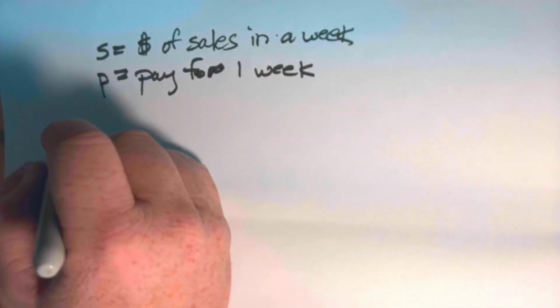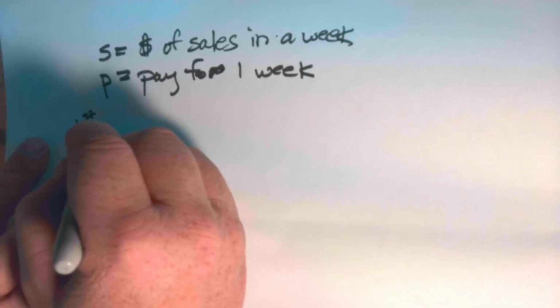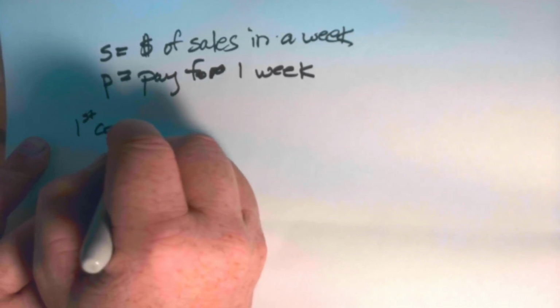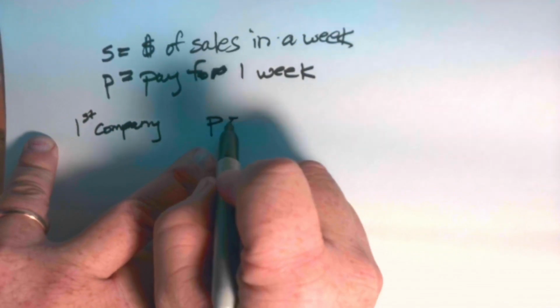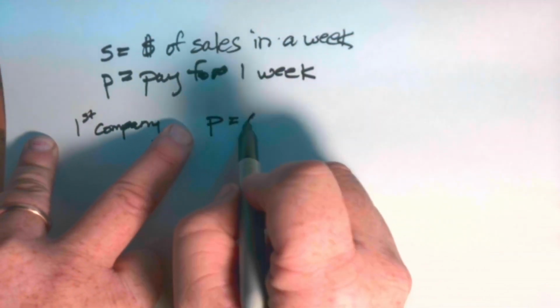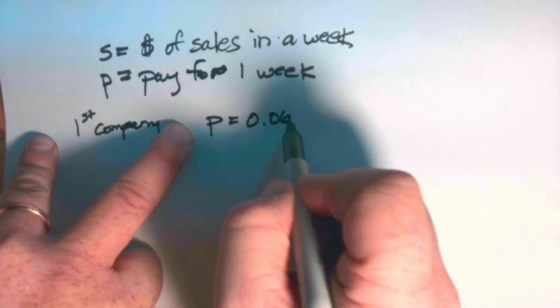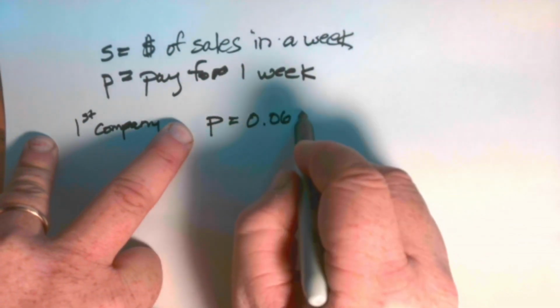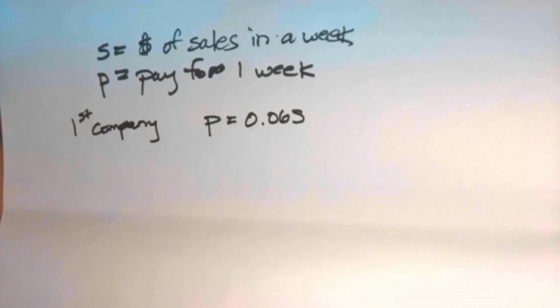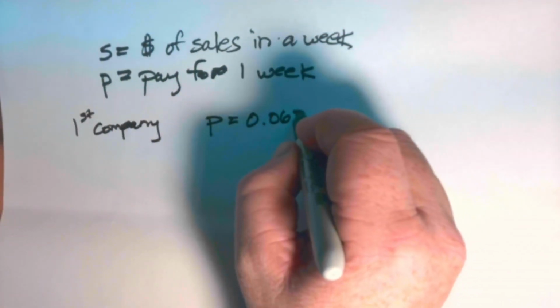For the first company, the amount of pay that I make is going to be 6%. I'm going to write that as a decimal, 0.06, "of" means multiply, and the sales. So there's my first equation, and that's an S.